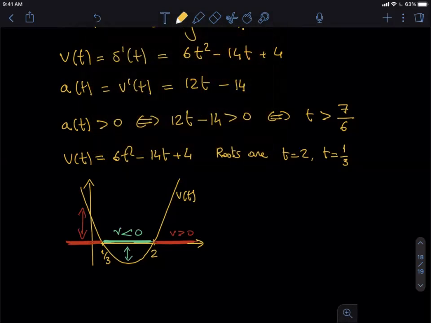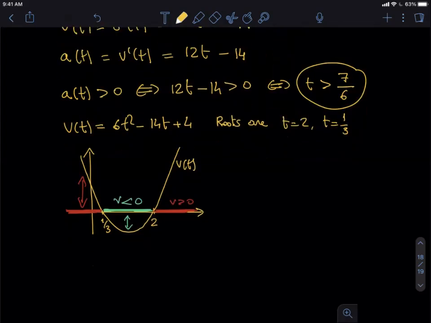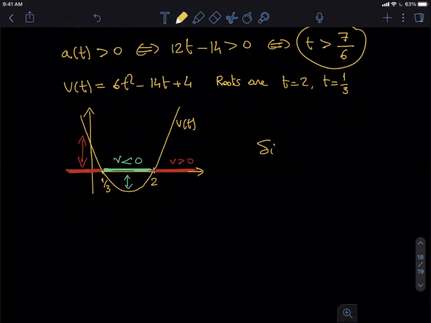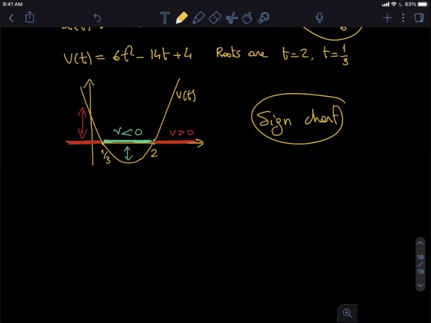So now we need to balance the two things, right? Because we want to know when a of t and v of t, both of them are positive or they have different signs. So for that, we need a sign chart. We have seen this already in a previous video.